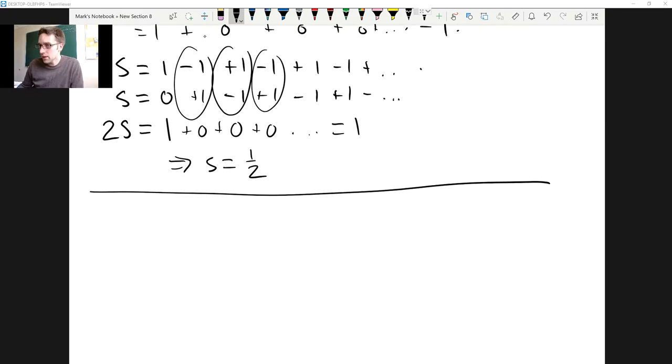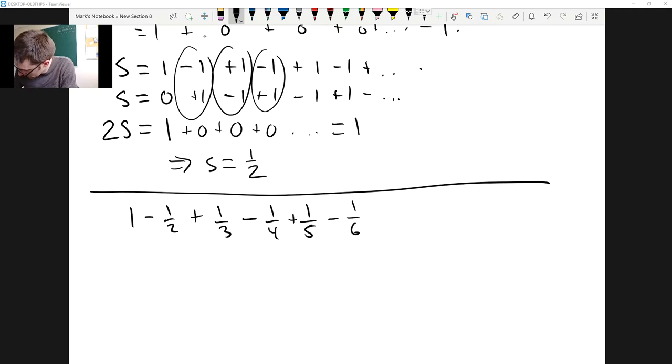All right, so let's think about the series 1 minus 1/2 plus 1/3 minus a fourth plus 1/5 minus a 6th, and so on. Okay? All right, and that's the sum of (-1)^(n+1) over n.